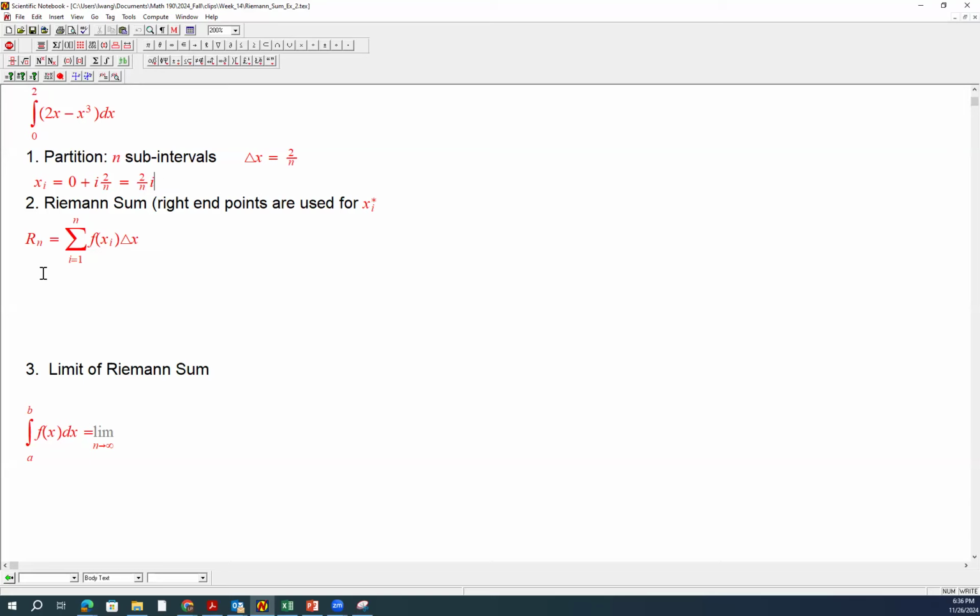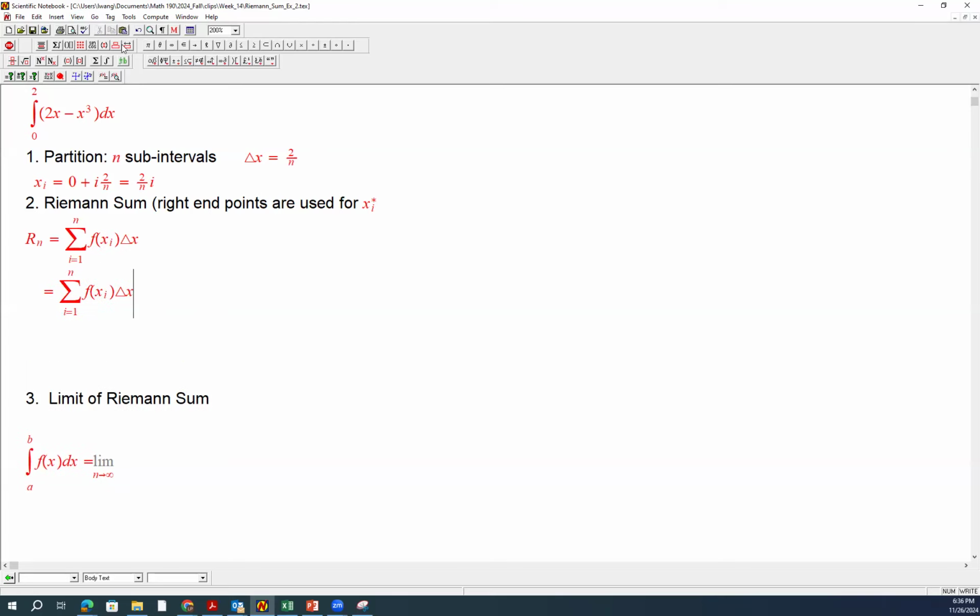And bring this to the summation, we're going to substitute by the function, because we know our function is 2x minus x raised to the power of 3.